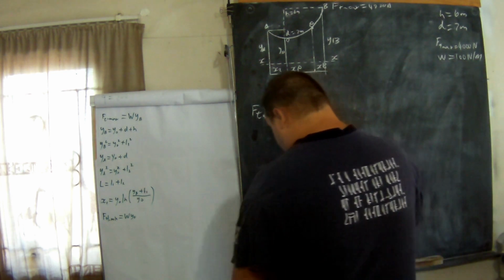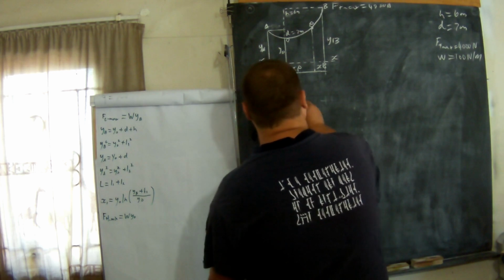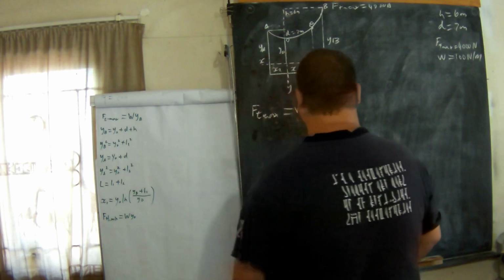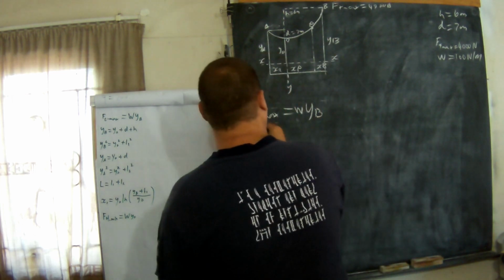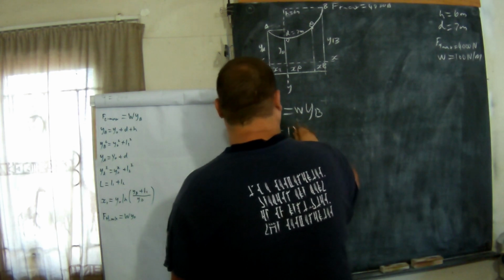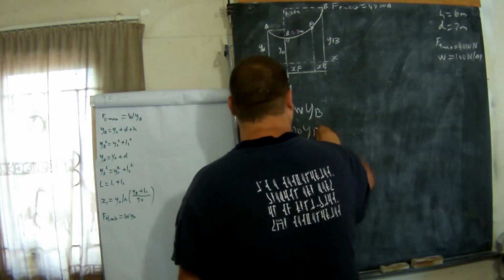Right, so Ft max is equal to W times YB. So, 4,000 equals 100 YB.